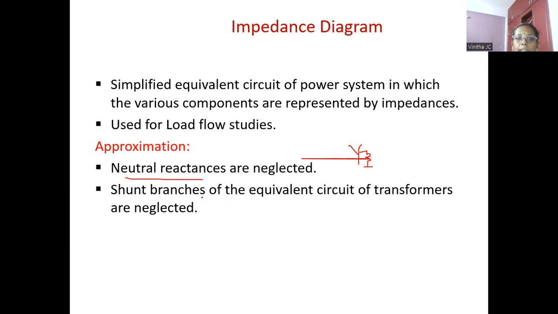Similarly, the shunt branches of the equivalent circuit of the transformers are neglected. All of you know the transformer consists of a primary and the secondary circuit. In the primary circuit, we have a magnetizing circuit, and this magnetizing circuit can be neglected while drawing the impedance diagram. So these are all the main approximations that are made while drawing the impedance diagram.